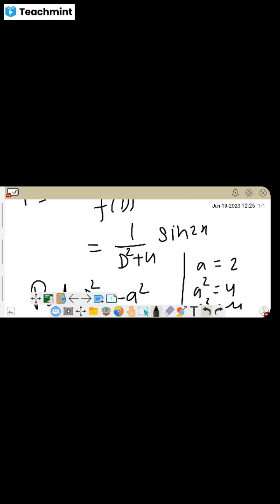Now if we put it here, then f(D) will become 0, because we have minus 4 instead of D square, and taking this plus 4, we will get a 0 in the denominator. Since f(D) is 0, we'll apply f dash.